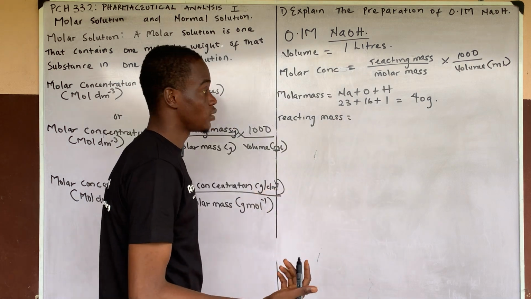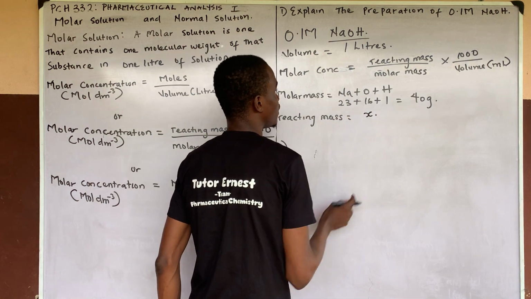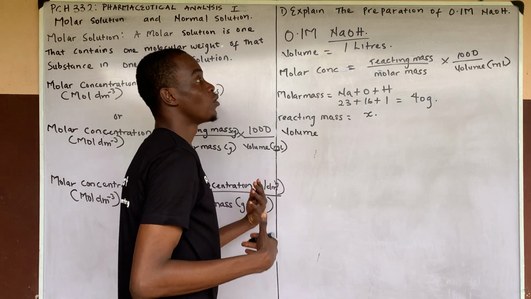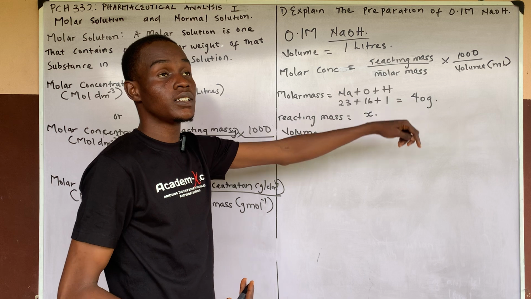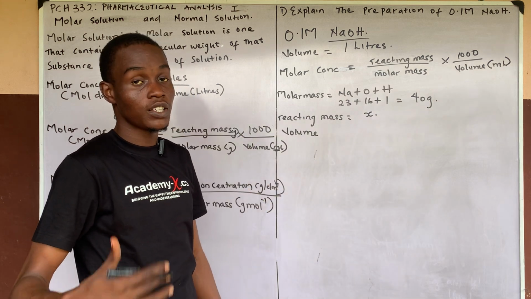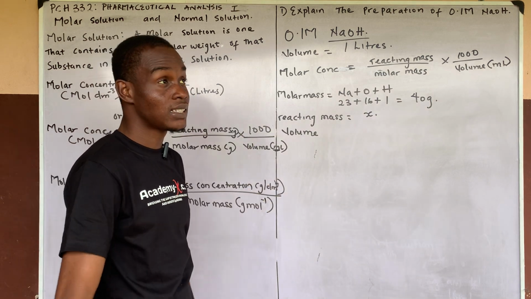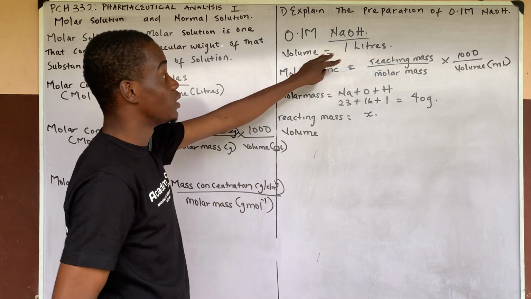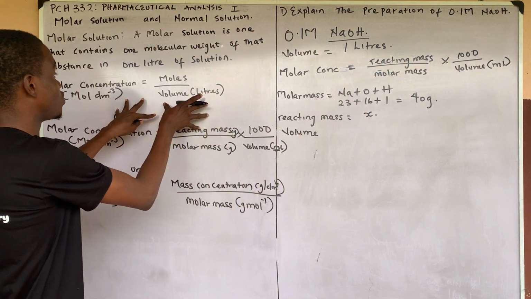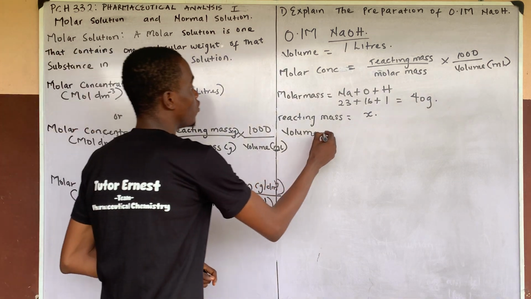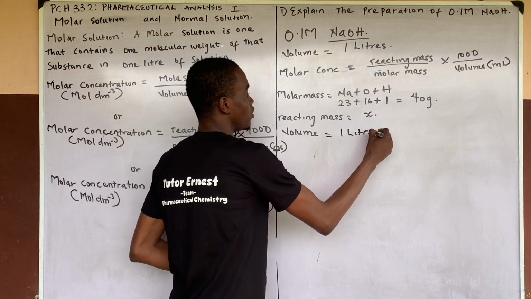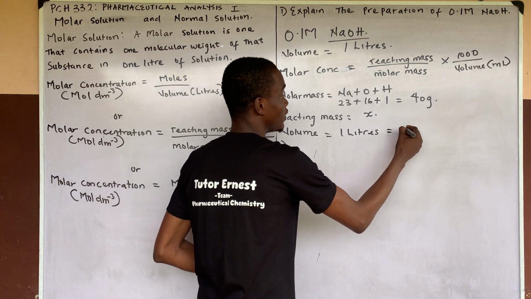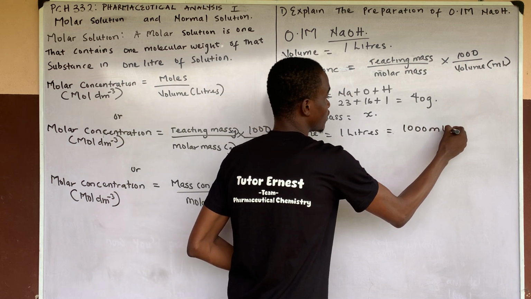We don't know it yet, so it's X. Then the volume: because no volume was specified, it didn't say prepare 10 ml of 0.1 molar NaOH or prepare 30 ml, just prepare 0.1 molar NaOH, so our volume will be in liters according to the definition of molar concentration. So our volume is 1 liter, which by conversion is 1000 milliliters.